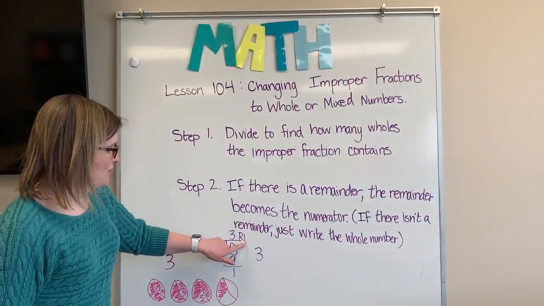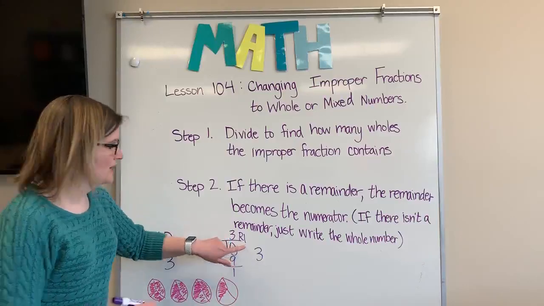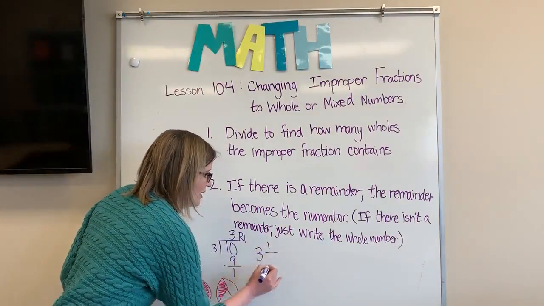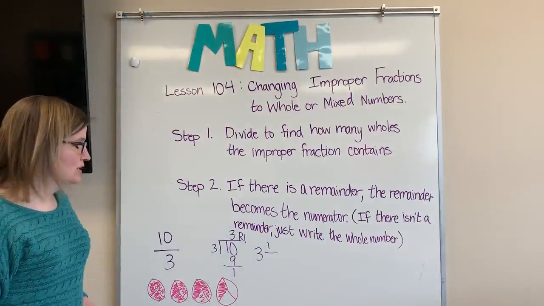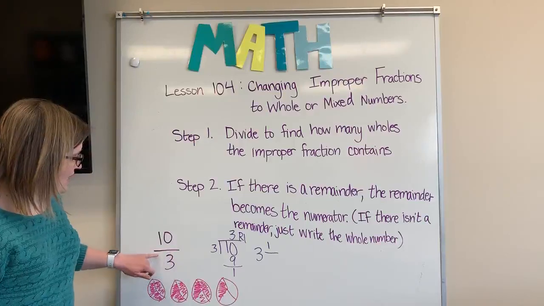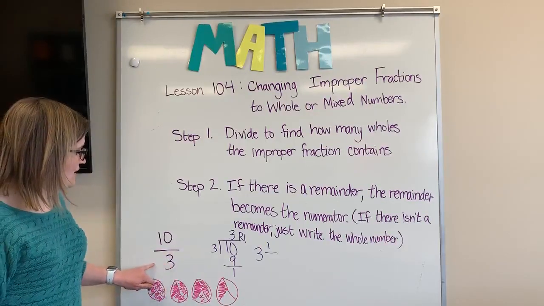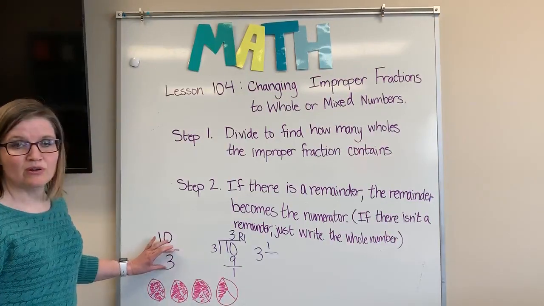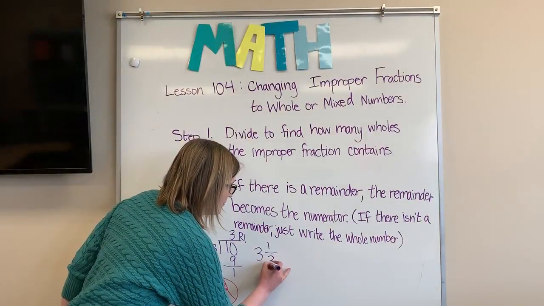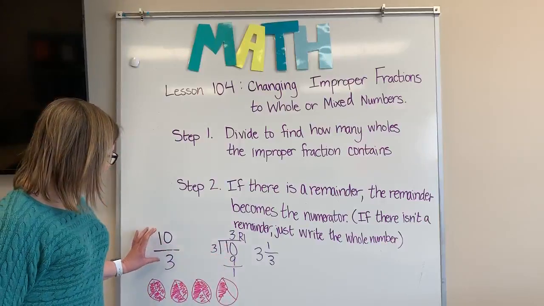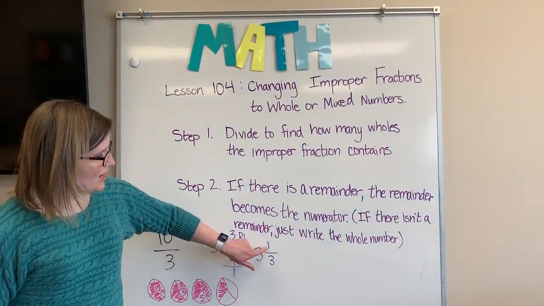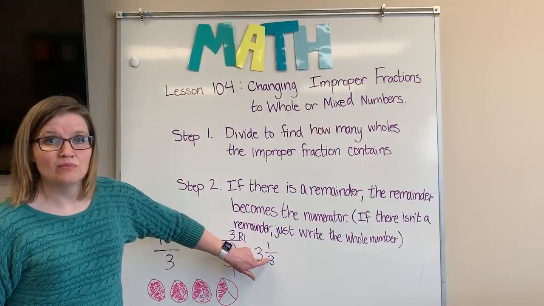We take our remainder, which is 1. It becomes our numerator. And our denominator is going to stay the denominator that we had in our improper fraction, which is 3. So 10/3 is equivalent to 3 1/3.